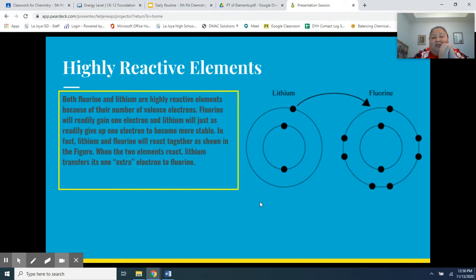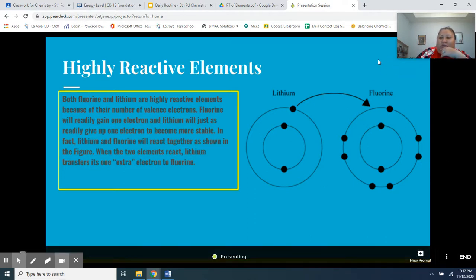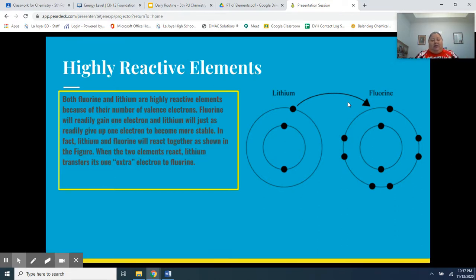In fact, lithium and fluorine will react together as shown in the figure. When the two elements react, lithium transfers its one electron to fluorine. So group 17, fluorine, and all those other elements usually gain. They're always looking for one electron. Group 1 usually wants to give it up. So group 17 and group 1 work well together.